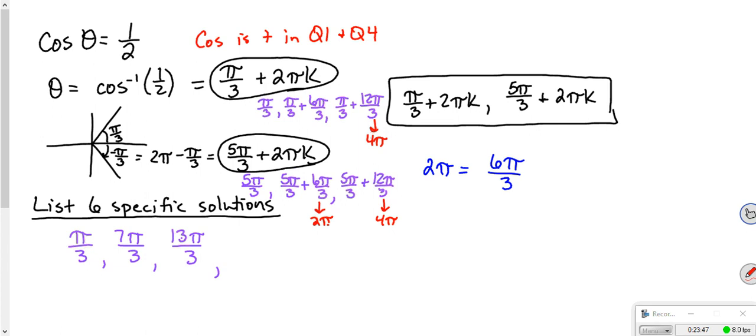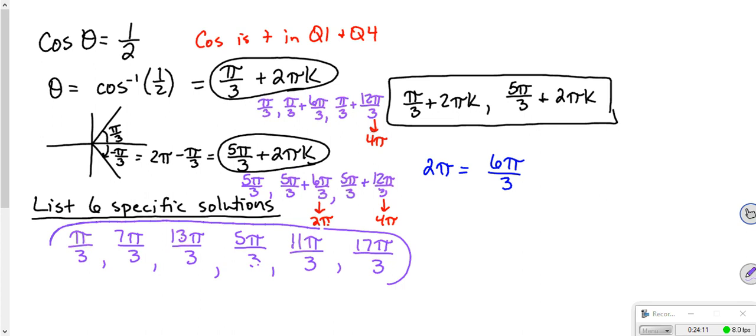So that's going to give me my next three choices. I've got 5 pi over 3, then 5 pi over 3 plus 6 pi over 3 is 11 pi over 3, and then 5 pi over 3 plus 12 pi over 3 is 17 pi over 3. These would be my 6 specific solutions.